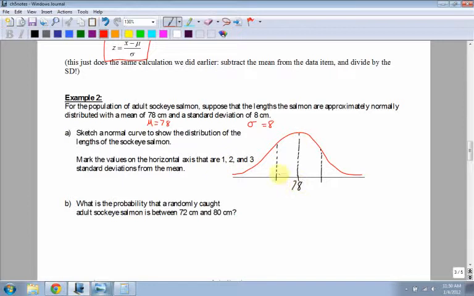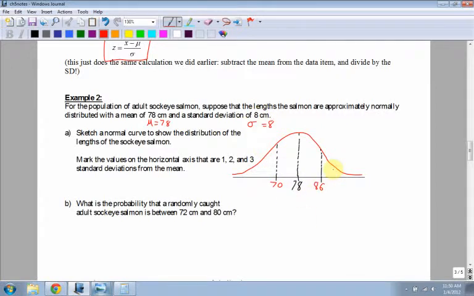And then if I go 1 standard deviation to the left and right, that's a value of 8. So if I go over here, that's going to be 70. If I go up here, that's going to be 86, because I'm going up a value of 8 for every 1 standard deviation.